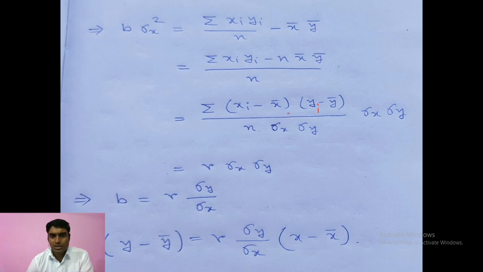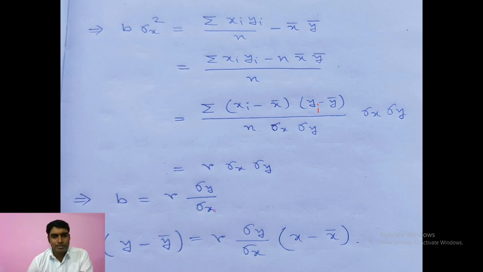So this term is basically r, the correlation between x and y, multiplied with sigma x sigma y. So b will be r sigma y divided by sigma x, as one sigma x will be cancelled out on both sides.